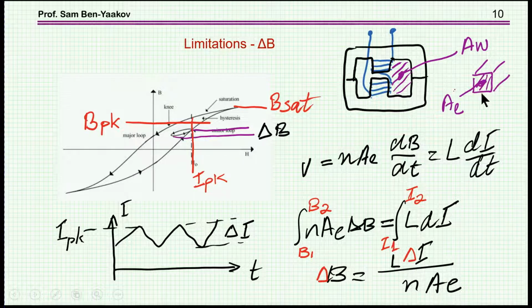This is the cross-section area of the core, which at this stage I don't know yet, okay? We're going to go around it by deriving a parameter that will allow us to choose a core, and then we will know what is this area for the chosen core.